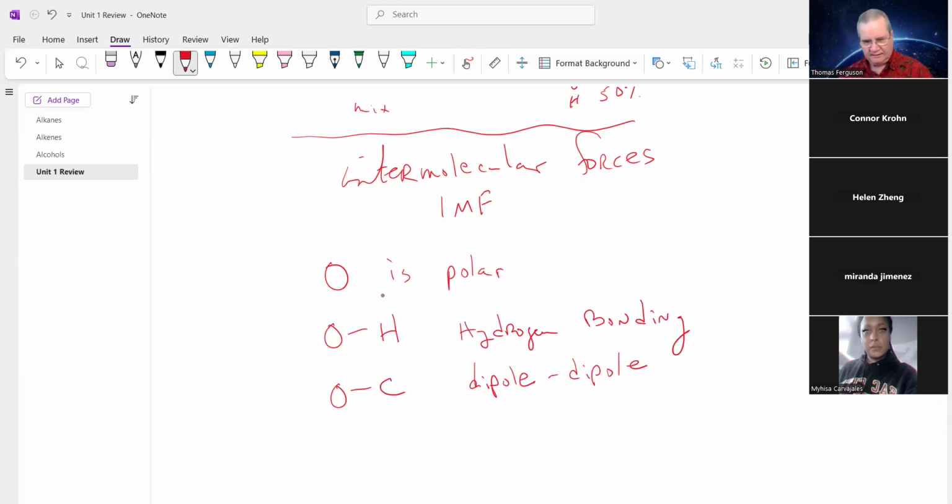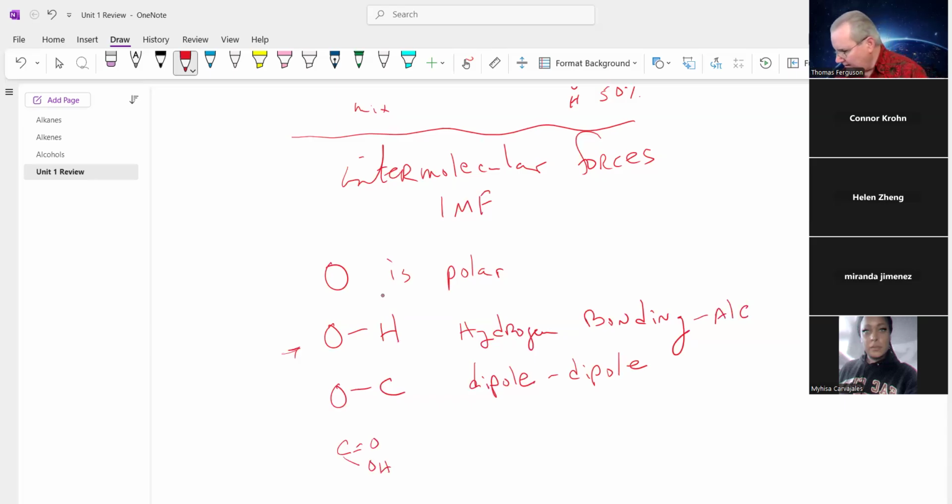Now we're going to see when we get into unit 3, we're going to have a carbonyl and an OH, which is even stronger than just OH. So whenever you think of OH now, that automatically reminds you of alcohols.